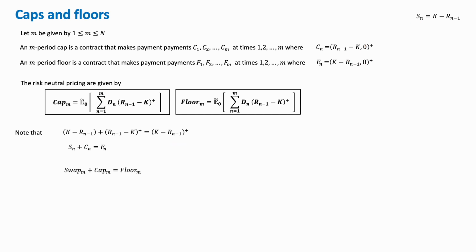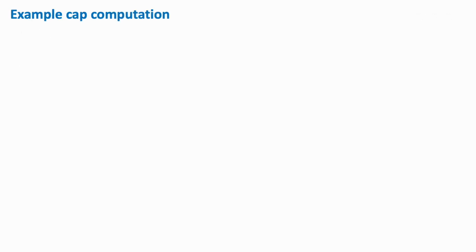What that means is, if you have a swap for a given rate K, the value of the swap for rate K plus the value of the cap for the same rate K is equal to the floor with that rate K. So you can think about it as some type of put-call parity equivalence, but for swaps, caps, and floors.